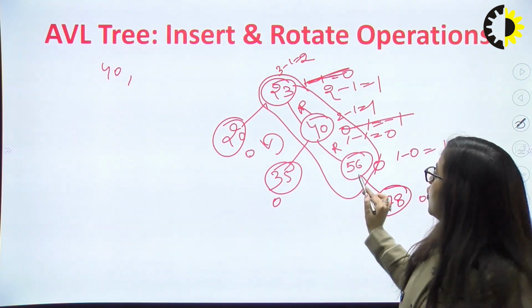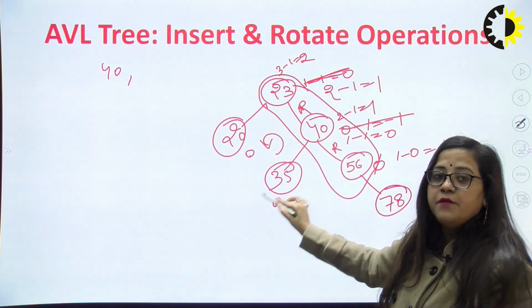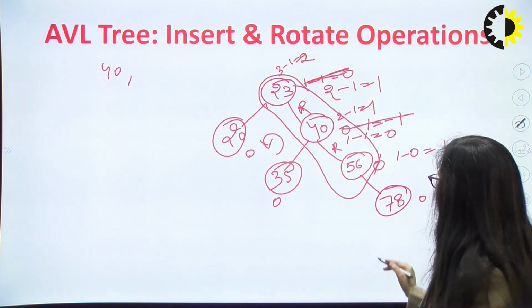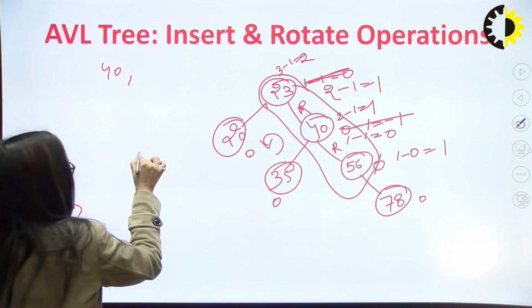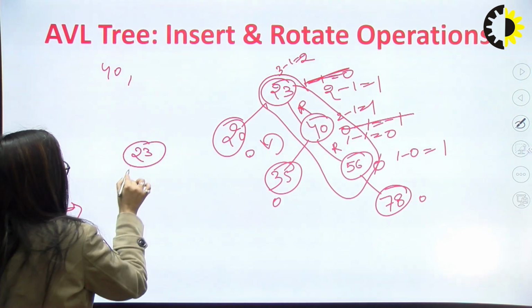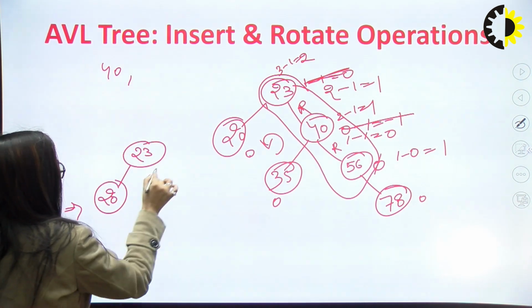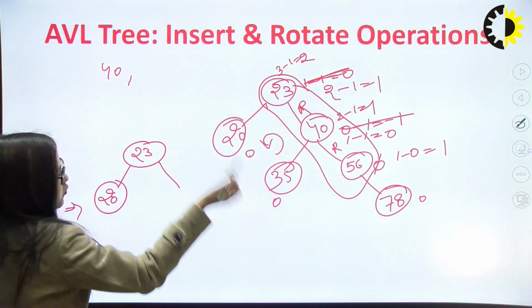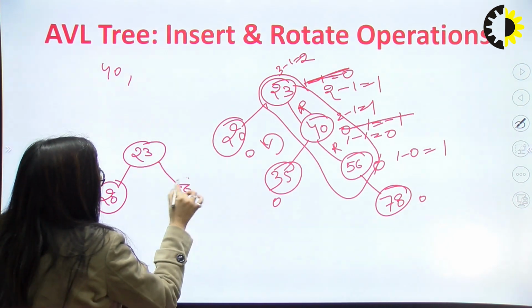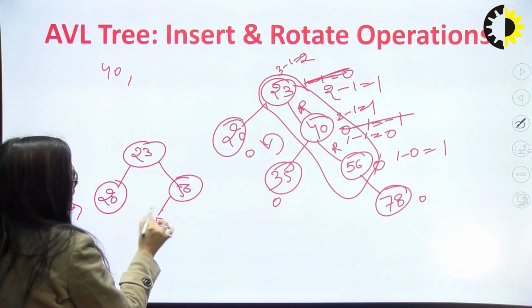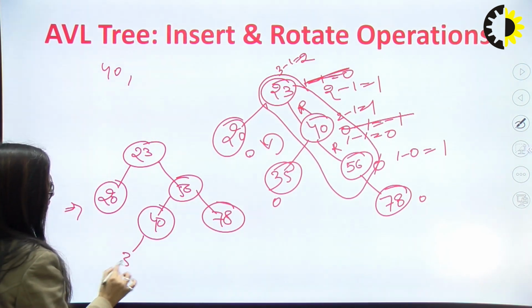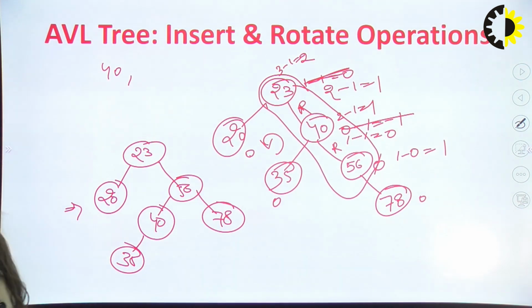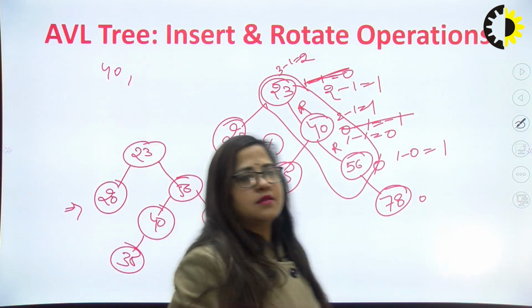Like this direction: 56 here, 45 here, and again 40, 23, 20. Move like this, then it is 56, 40, 78, and 35. Now it is balanced.